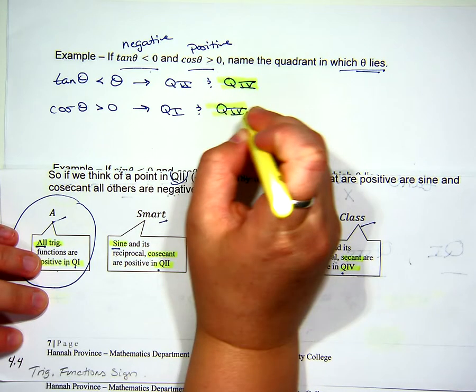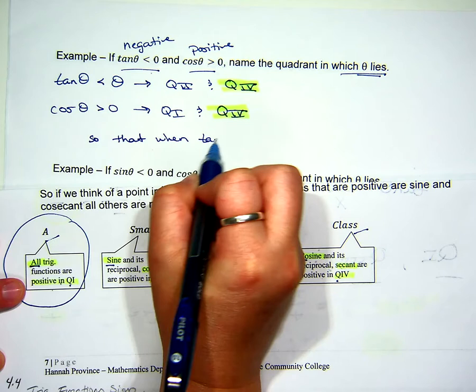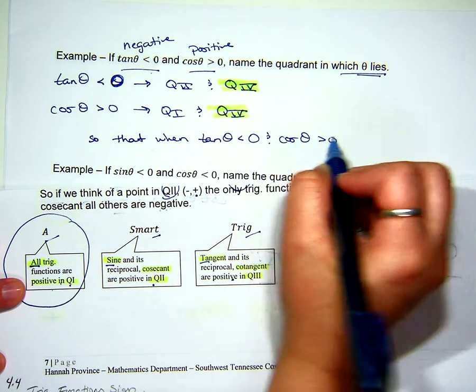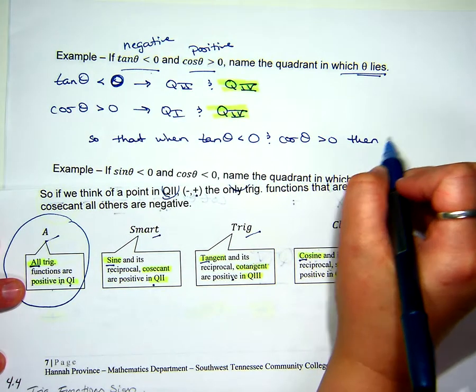So that when tangent theta is less than 0 and cosine theta is greater than 0, then theta lies in quadrant 4.